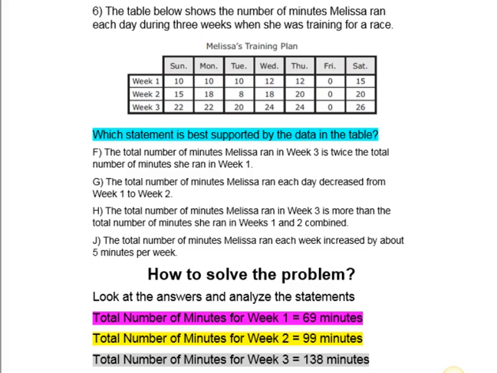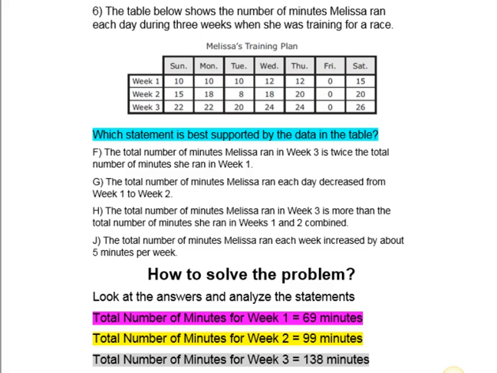G, the total number of minutes Melissa ran each day decreased from week 1 to week 2. In looking at the minutes and the weeks, is that correct? H, the total number of minutes Melissa ran in week 3 is more than the total number of minutes she ran in weeks 1 and 2 combined.